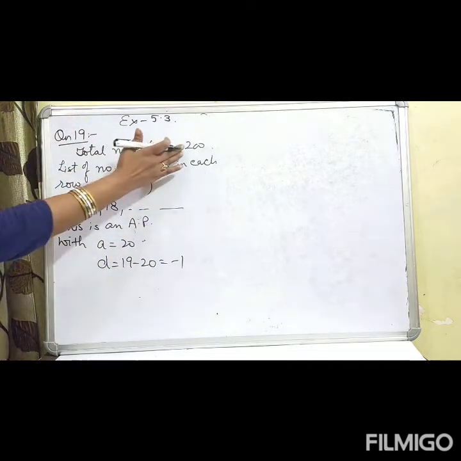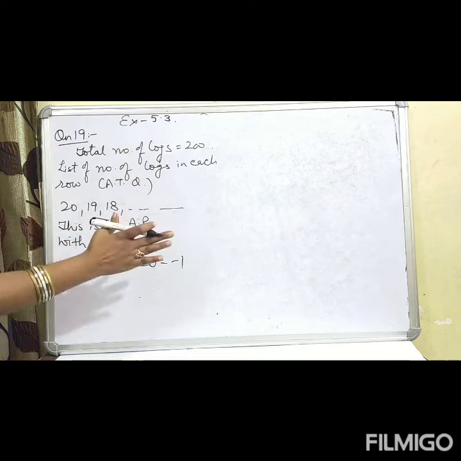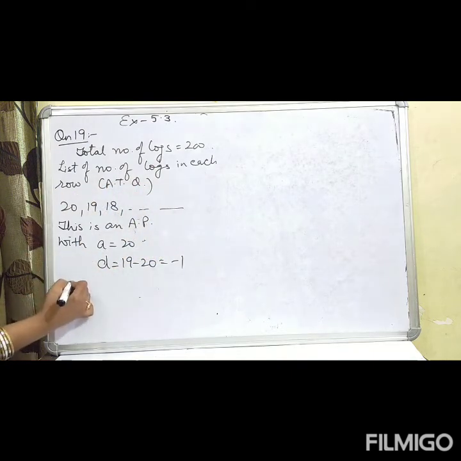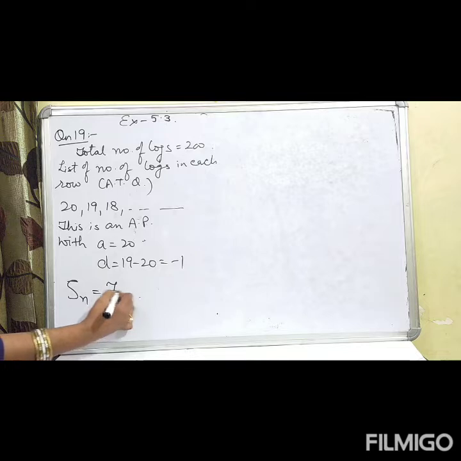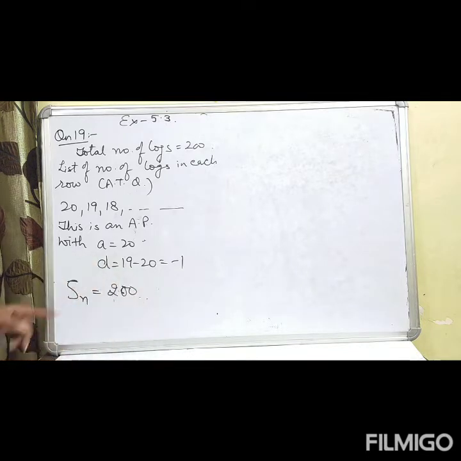So that's why this 200 will be Sn. So according to the question, Sn is 200. Now we have the formula for Sn. We will put the values in this formula, and then we'll see what the value of n will be.